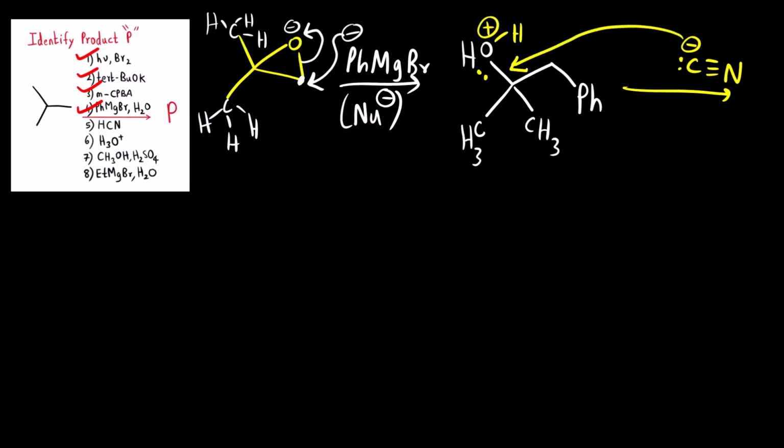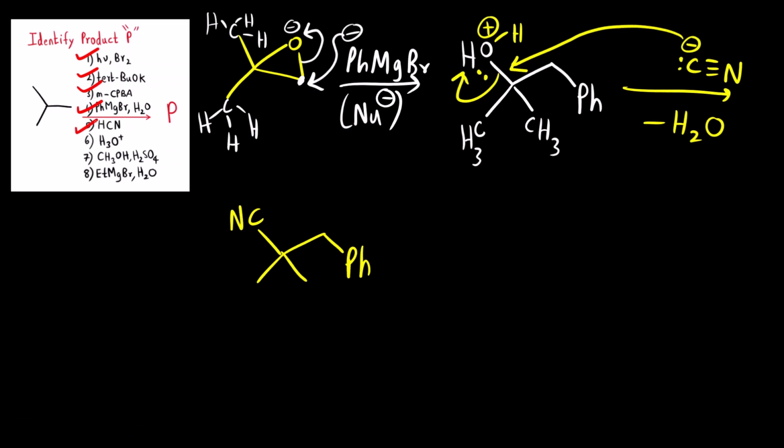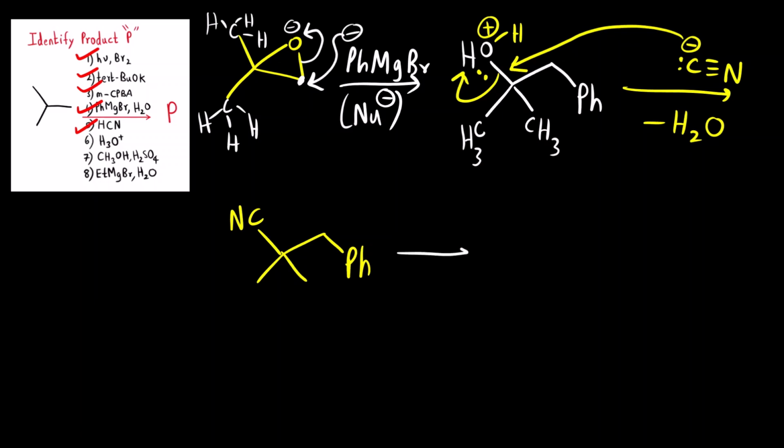Now what is the next step? This will act as a nucleophile, and water will go away as a good leaving group. So with loss of a water molecule, what we will get is cyanide. CN, methyl, methyl, CH2 Ph. Now the fifth step is also completed. Next step is hydrolysis. Hydrolysis means reaction with water, and which bond will break? The CN bond will break.